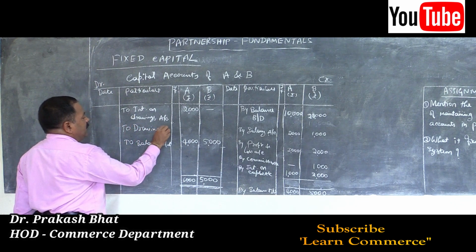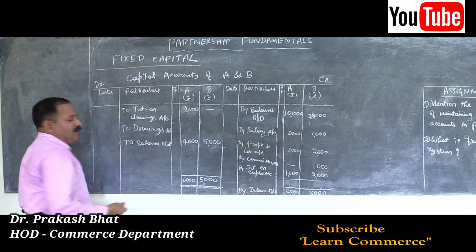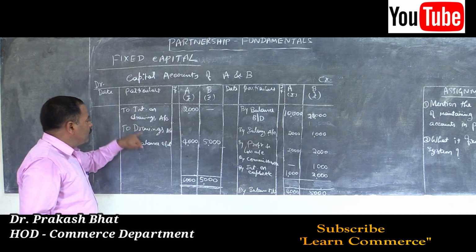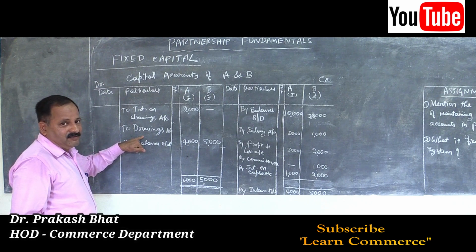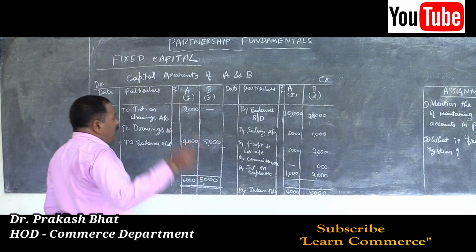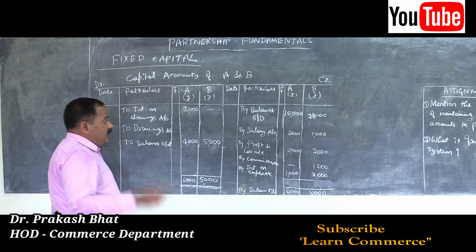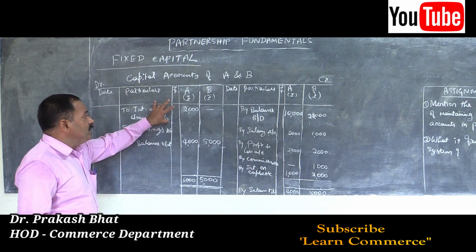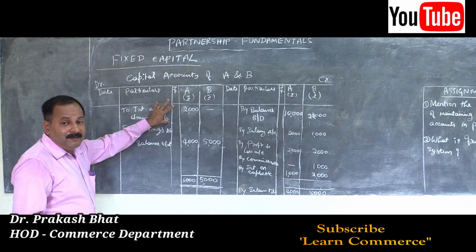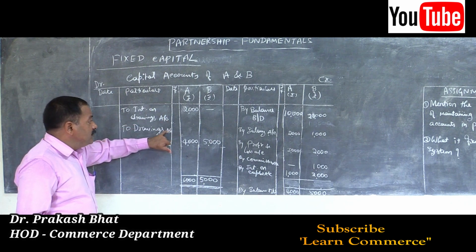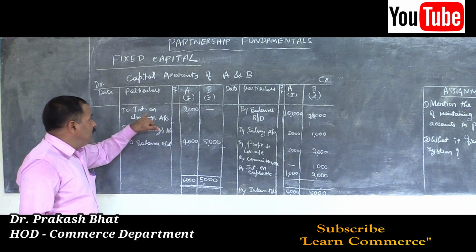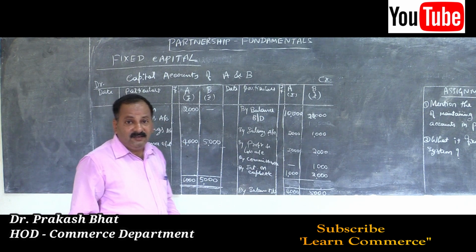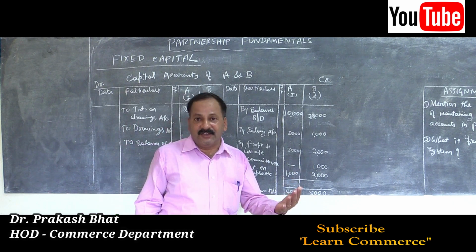Actually, while preparing in the examination, make sure that you write the drawings account first, and then you write the interest on drawings account. So remember this. And one more point, remember very clearly, that is, the drawings amount should be more than the interest on drawings. Sometimes students will write drawings amount 2,000 and interest on drawings 20,000. Is it possible? More than 100% interest.